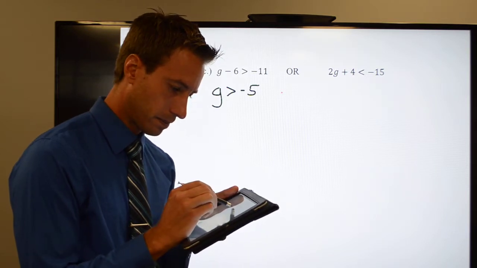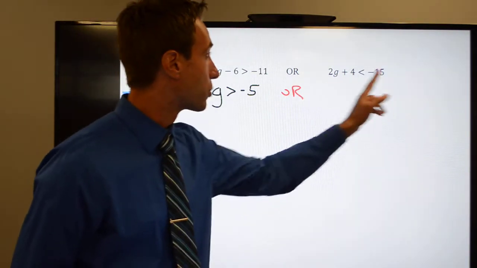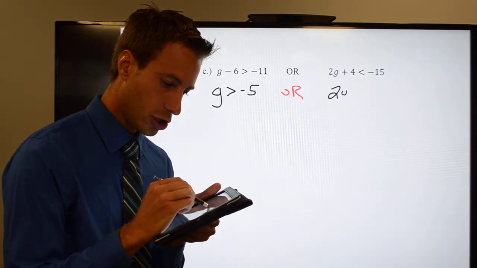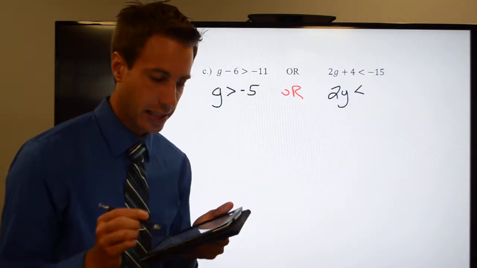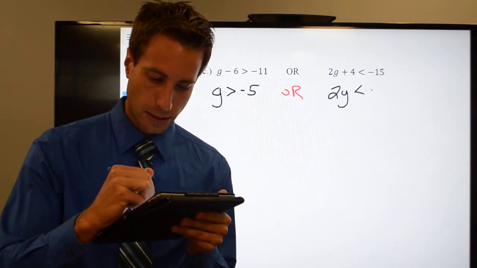Or, now I'm going to need to subtract 4 from both sides. That's going to leave me with 2g is strictly less than -15 minus 4, which should be -19.